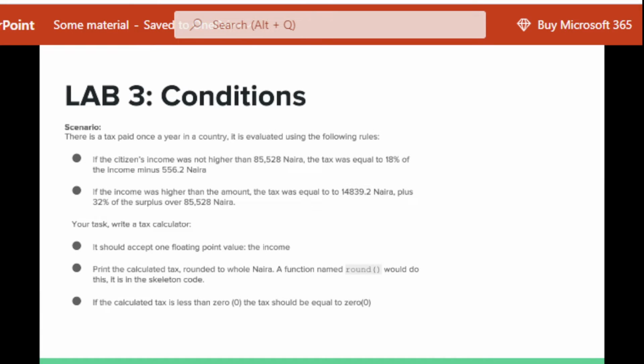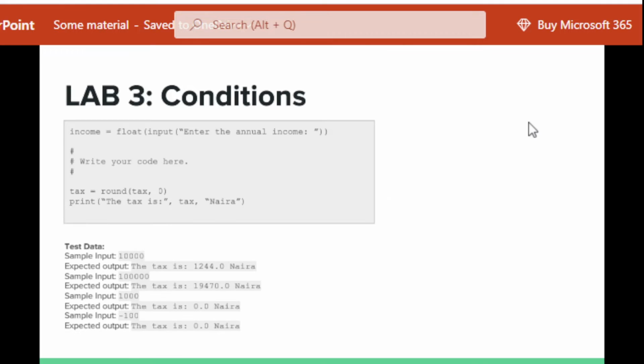Then there is a function called round that we should use, which is given to us in our skeleton code. And under the final if, they said that if the calculated tax is less than 0, then the tax should be 0. So this is our skeleton code, and this is our test data that we'll be working with.